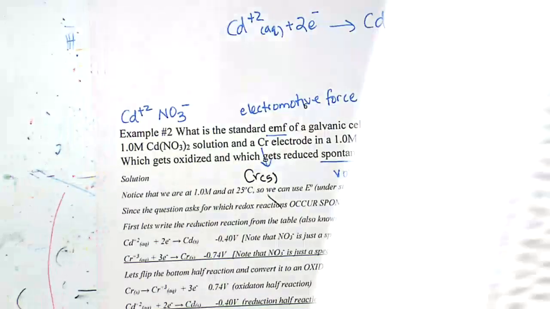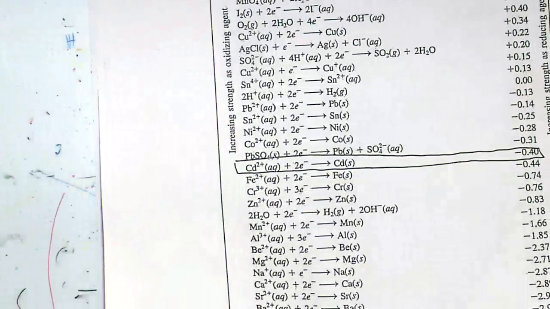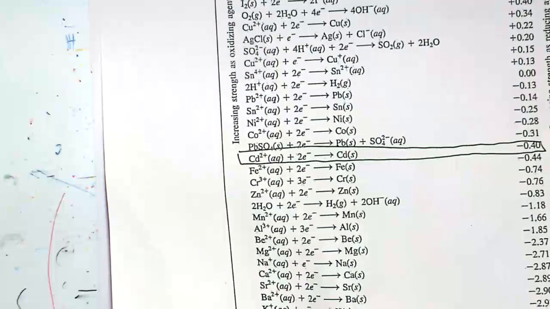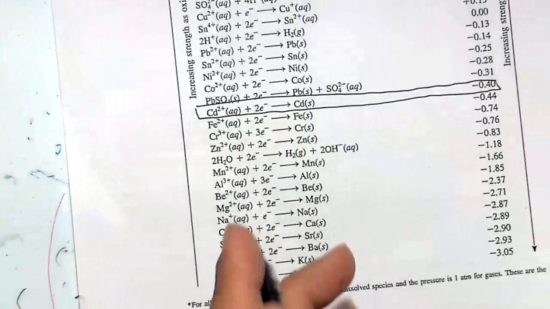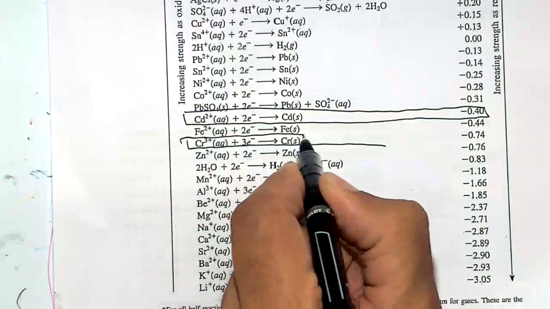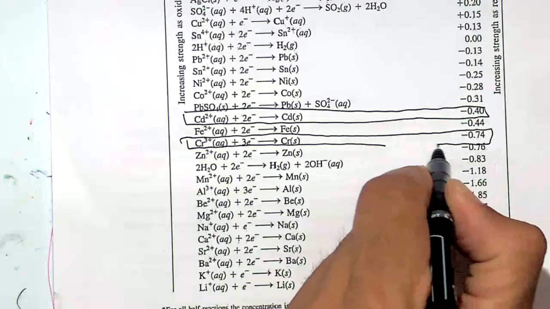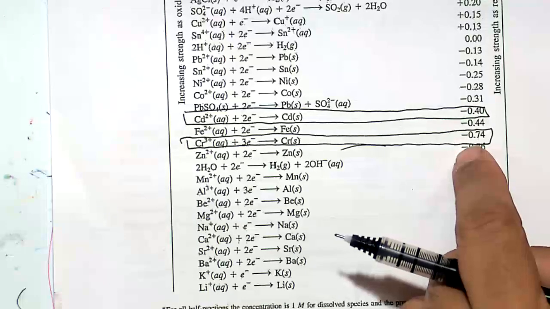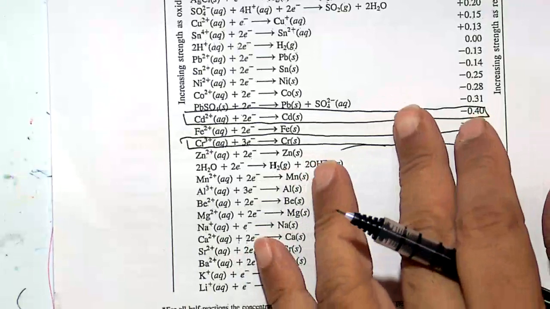Do you guys see the chromium? I see the chromium. Okay, here's the chromium, minus 0.74 volts. So one of these has to get flipped.